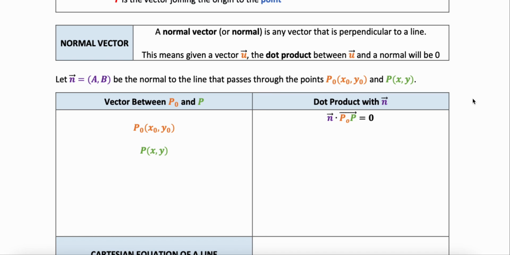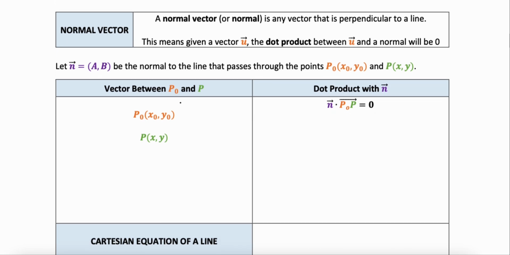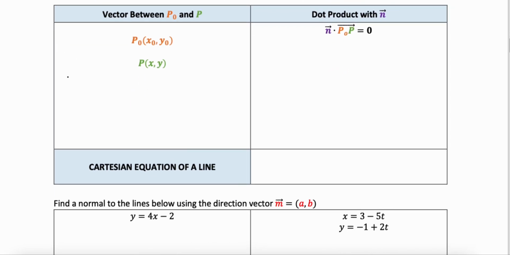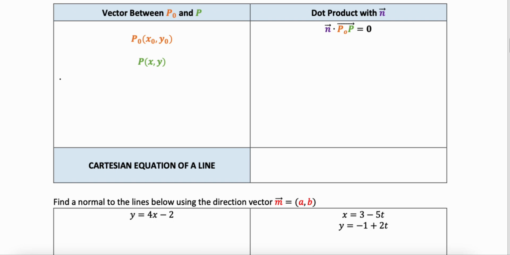We're going to let that be the normal vector to the line that passes through some points. We're going to use P0 as the initial point, and P(x, y) just being a random point on the line. If we wanted to represent the vector that spans between P0 and P, I could find that by just subtracting my coordinates.